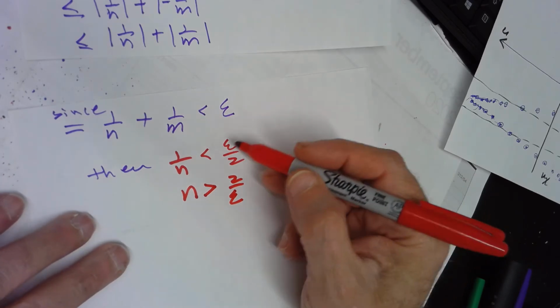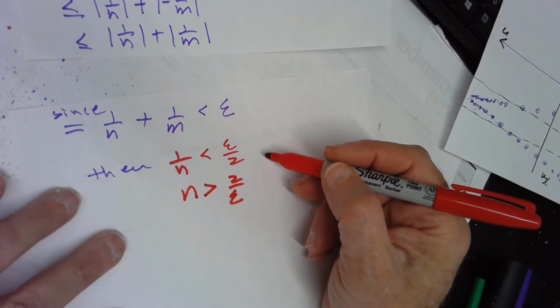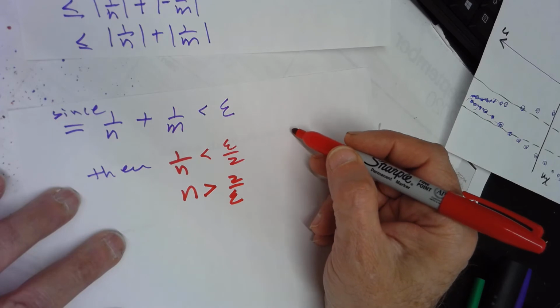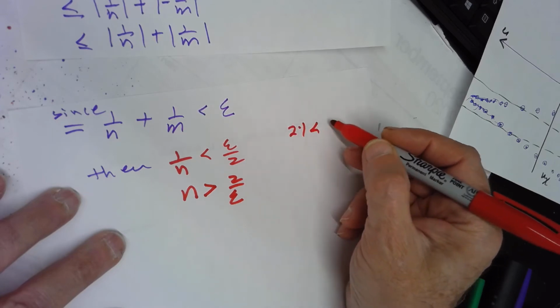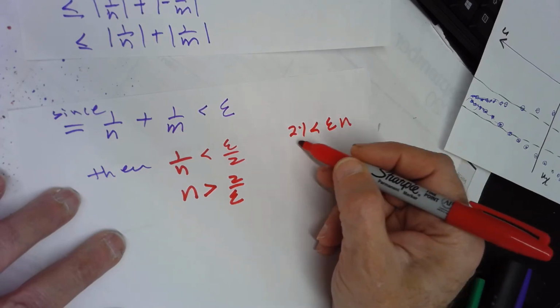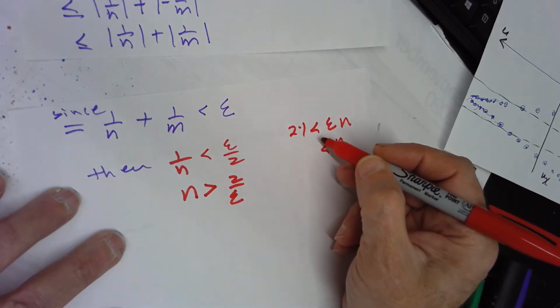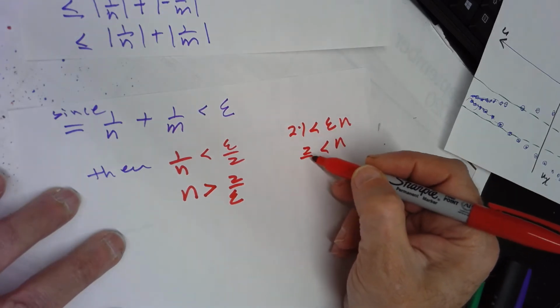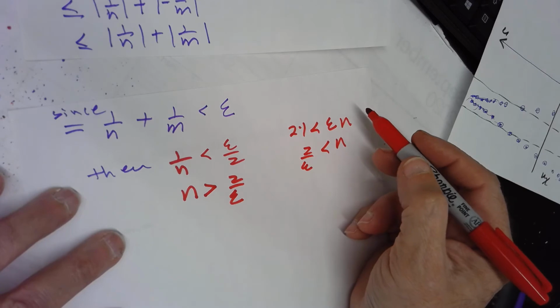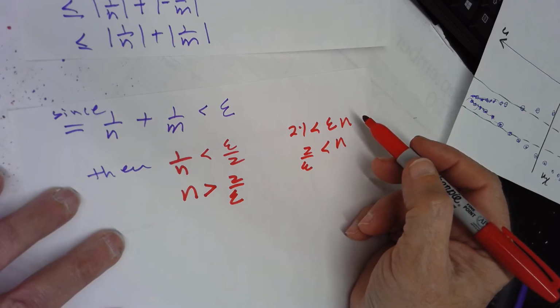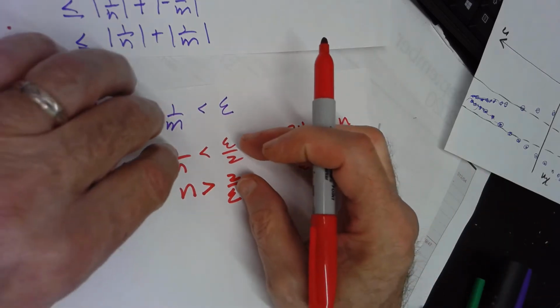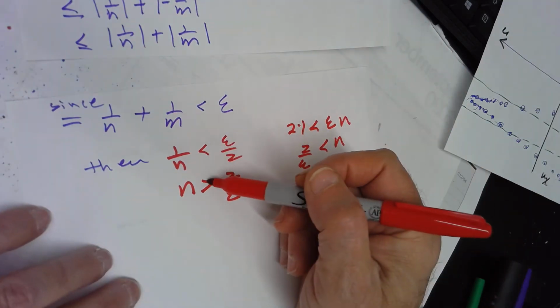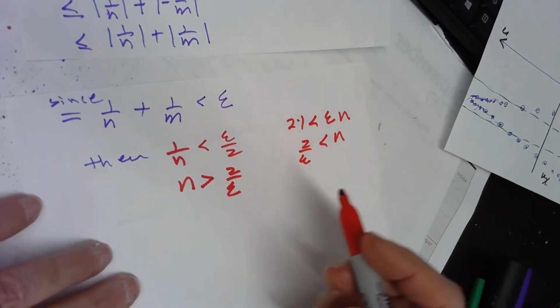So in other words, instead of cross multiplying, we got 2 times 1 is less than epsilon times n, and then divide by epsilon, and so this would be 2 over epsilon. All I did was multiply by the reciprocal and change the inequality sign.